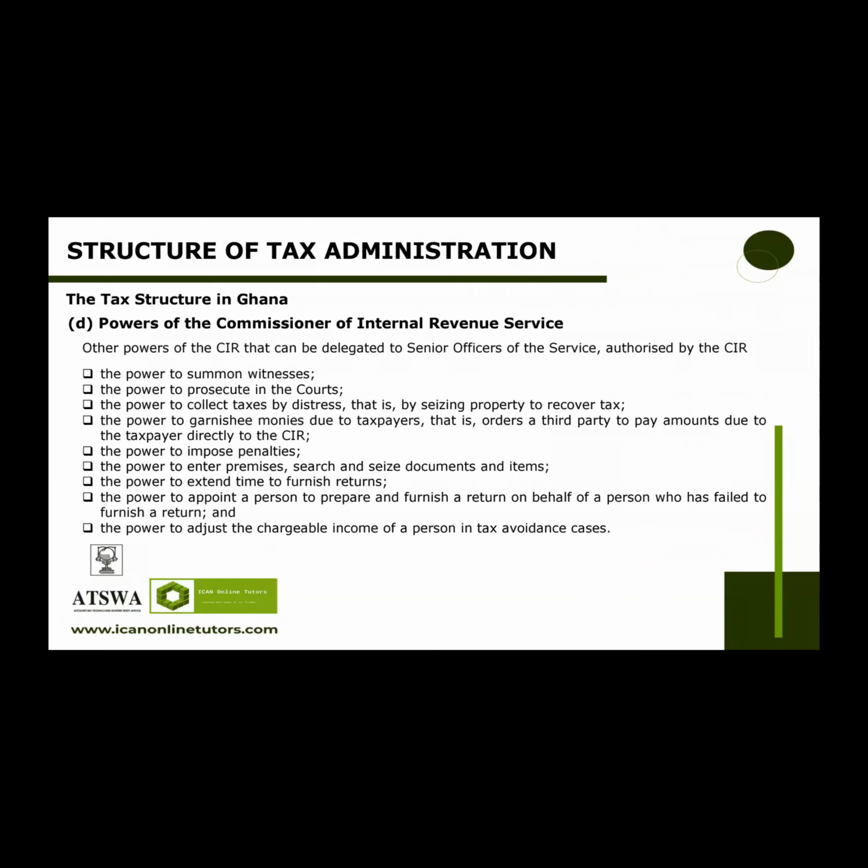So the listed powers, just like I mentioned earlier, are other powers that the commissioner possesses and that can be delegated to senior officers, such as the powers to determine objections, power to summon witnesses, and the like.